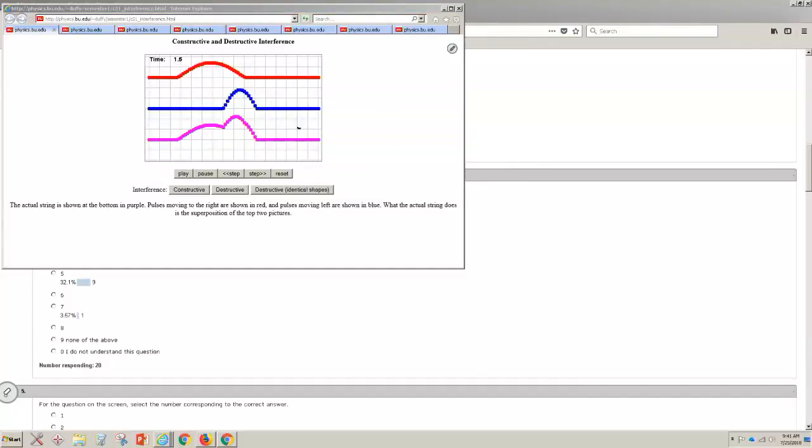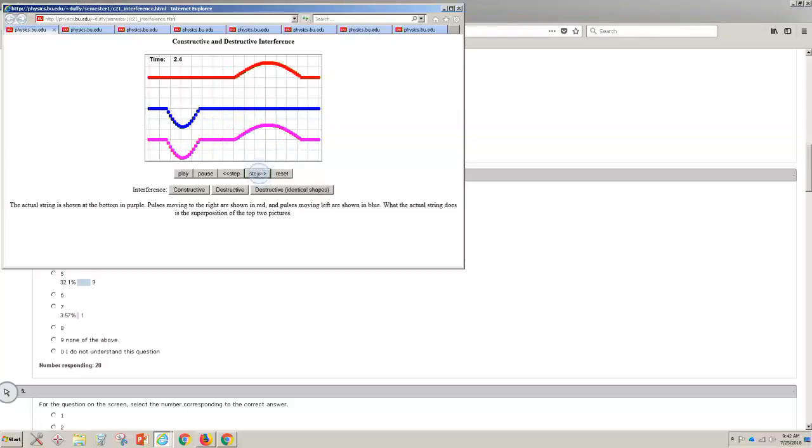That's, of course, not always the case. What's going to happen if the pulses are initially opposite to each other? Well, they will try to kill each other. The actual displacement will be less than each individual one.